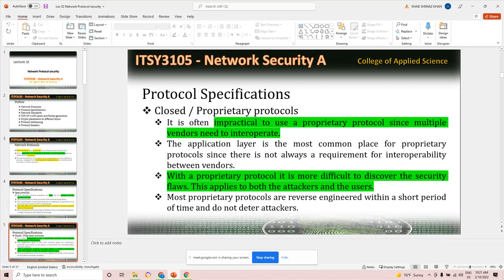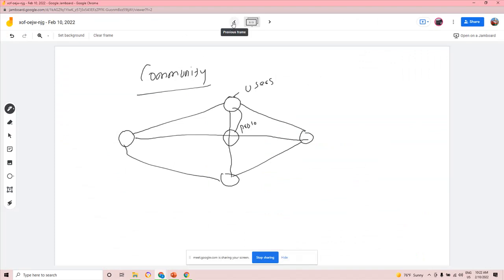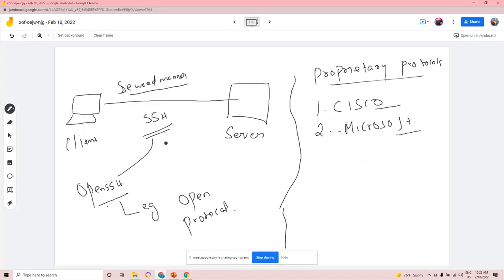For example, students, if you take an open protocol, different vendors can use it and interoperate. But if some protocols are not standardized, if they are not based on a specific standard, then they can only be used within the products developed by a specific vendor, like Cisco routers.